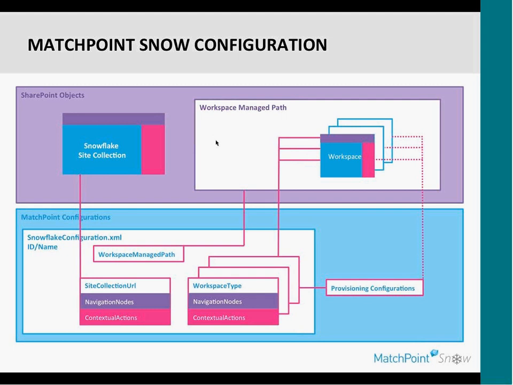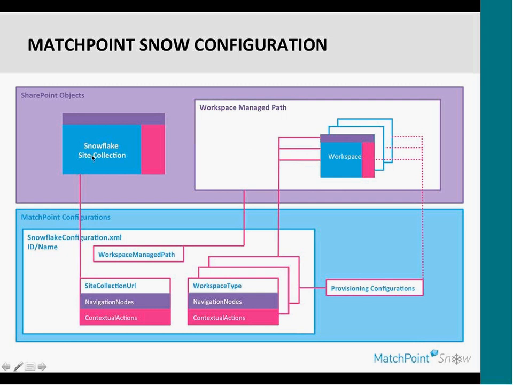And also what we don't see in this chart is, of course, that at various points within MatchPoint Snow, you use the standard MatchPoint web parts again. So for instance, within your workspaces, you can create aggregated views, for instance by using the data grid web part or the composite web part, and the same goes, of course, for the Snowflake site collection.